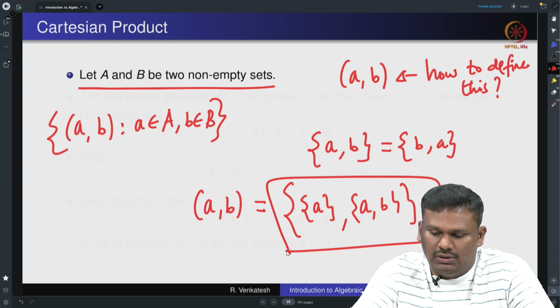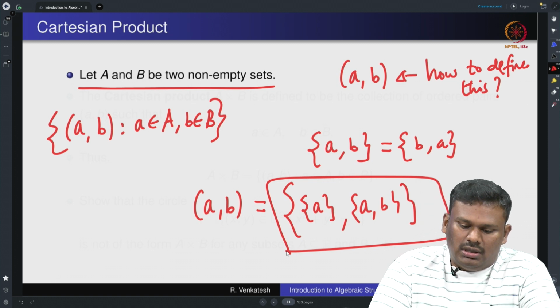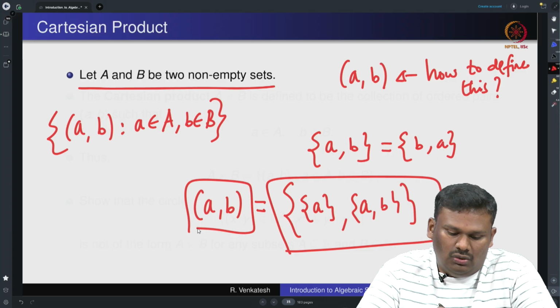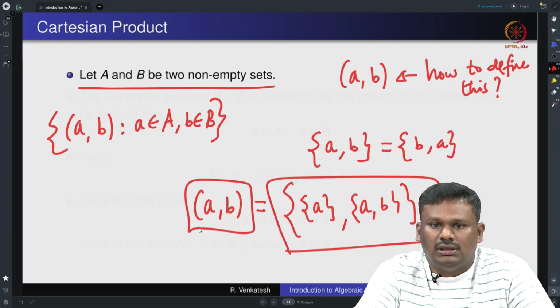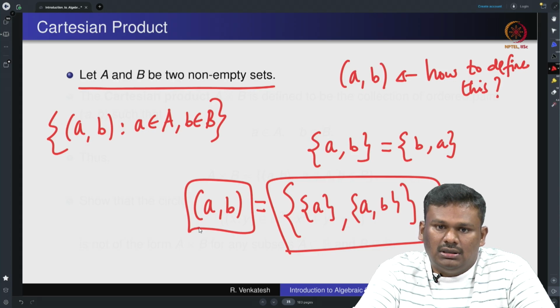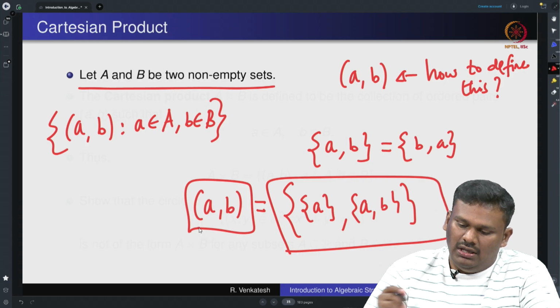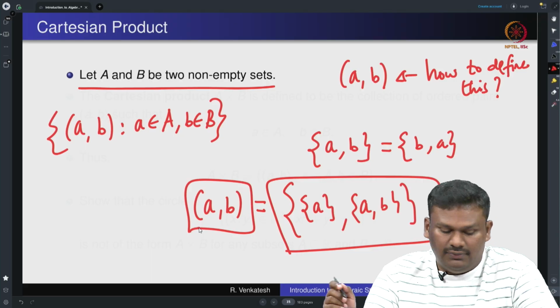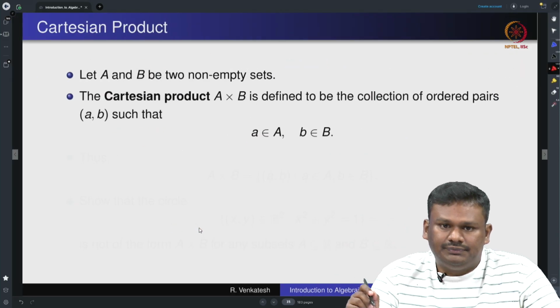So, that is ensured. This is another notation introduced: the tuple (a, b) denotes the set {{a}, {a, b}}. This is the way one records the tuple (a, b), and this can be generalized further.